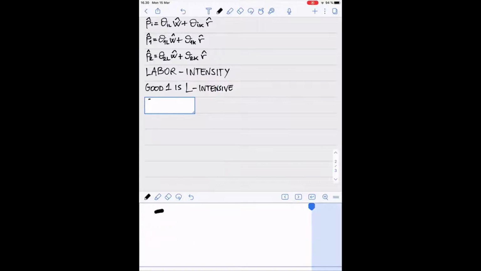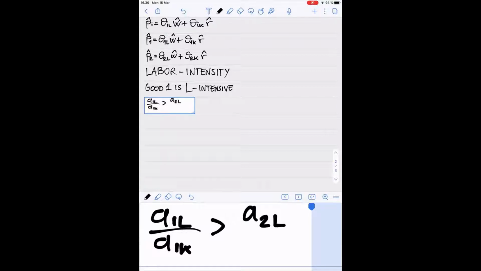So this means that A1L divided by A1K is actually greater than A2L divided by A2K. That is our definition of labor intensity. So relative to the amount of units of capital that good one uses, it uses way more labor relative to good two.